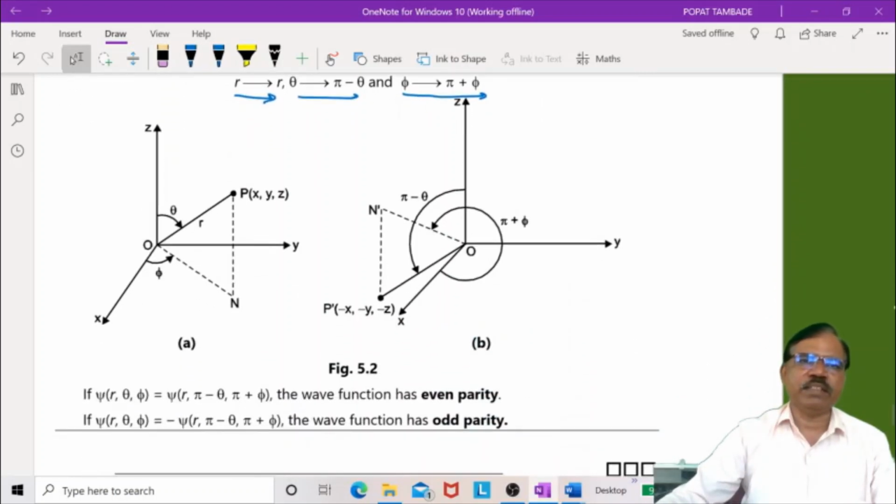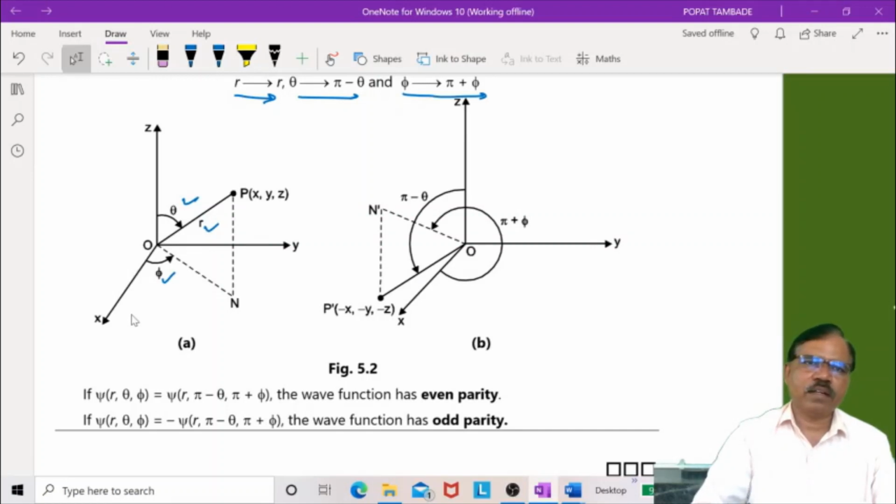If we see this figure, point P has coordinates r, theta, and phi. But if we reverse the direction of this point and properly take the coordinates, we get P of minus x, minus y, minus z. The corresponding spherical polar coordinates are r as r, distance is distance, pi plus phi for phi, and pi minus theta for theta.